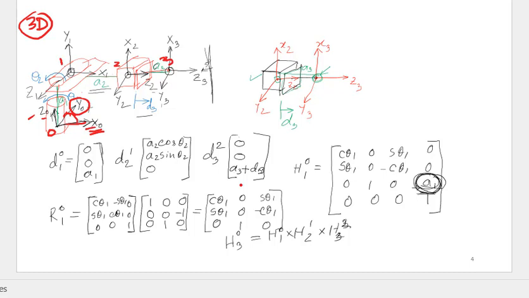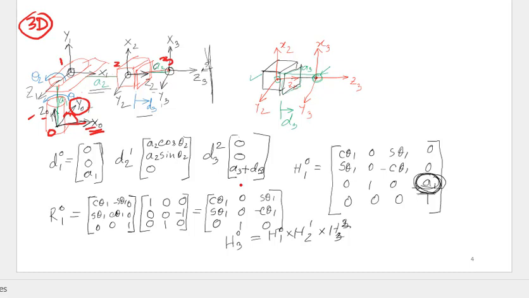For the revolute joint, it is rotating, and we are looking at this angle theta 2 that is produced here. There is no displacement in the z-axis, only displacement in the x-axis, and this x-axis will be perpendicular with respect to the z-axis.